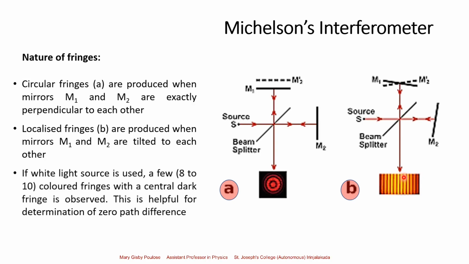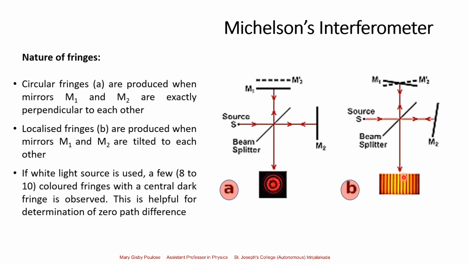Now, till now we had been discussing a monochromatic source, a single wavelength source of light. If we use a white light source instead, what do we see? We will see a few colored fringes, and it may be just 10 or 12.